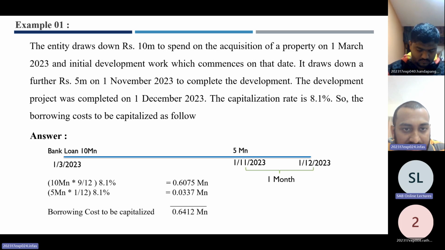The further 5 million they utilized only until the construction ended, which is only one month. Then it becomes 0.337 million. Then the borrowing costs capitalized total only 6.3 million. This should be capitalized and taken into property, plant and equipment as a cost.